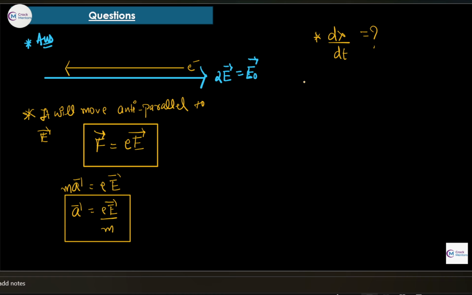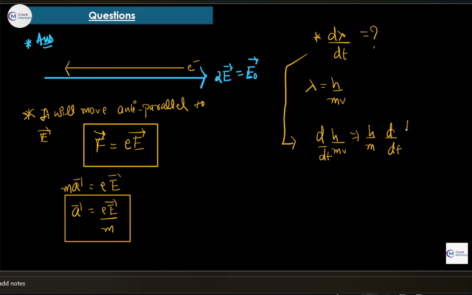To find that, we know that lambda is equal to h upon mv. So I'm putting it in this equation. The differentiation of h upon mv with respect to t: h upon m is the constant part, so it comes out of the differentiation, and we are going to differentiate the rest.